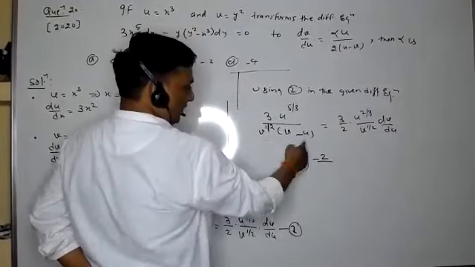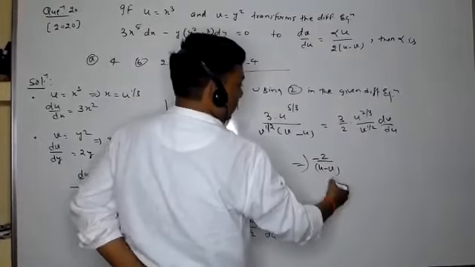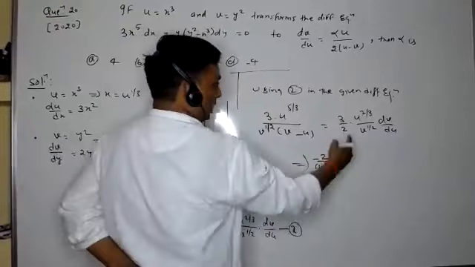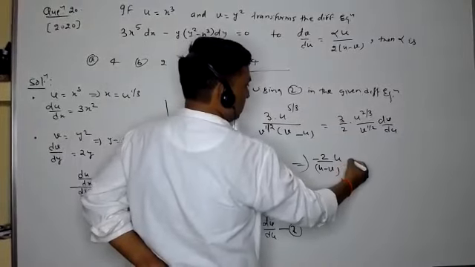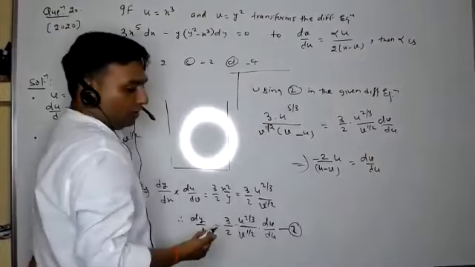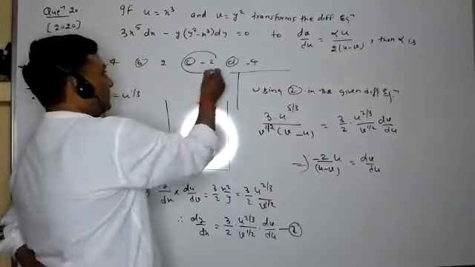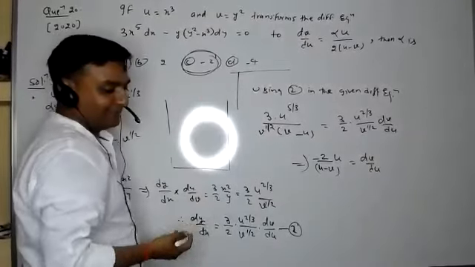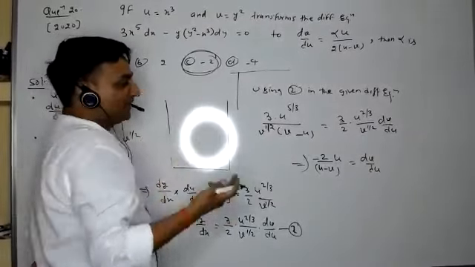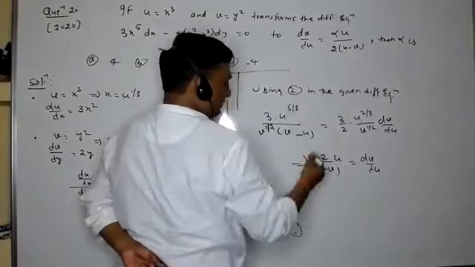If you take this negative, this got cancelled, so this will become u minus v, right? This u will come here and this is dv over du. Now watch how in the exam hall there is panic: -2 will surely be given as an option, check it out, and that is the psychological game.